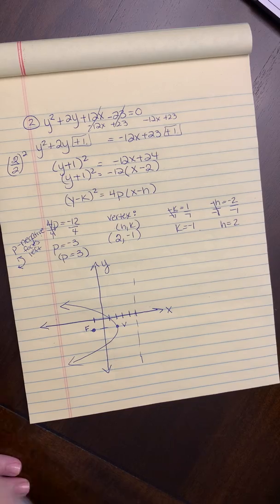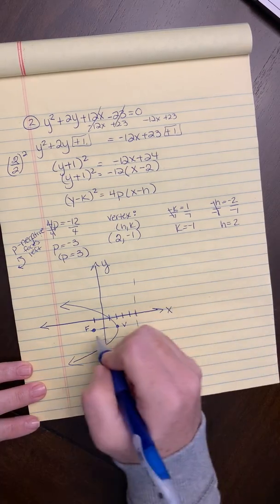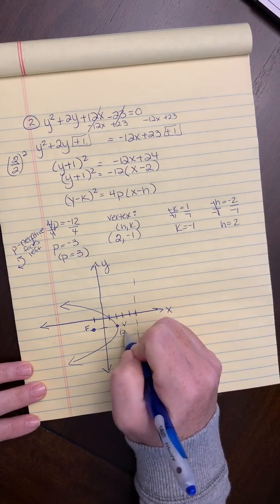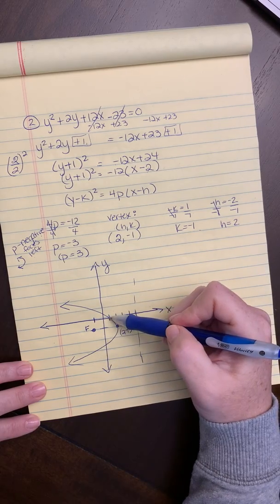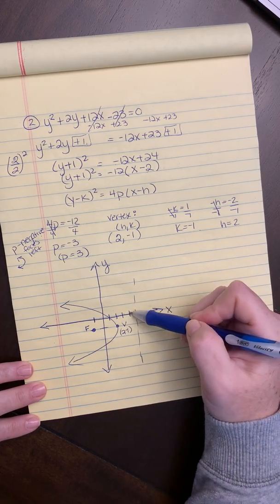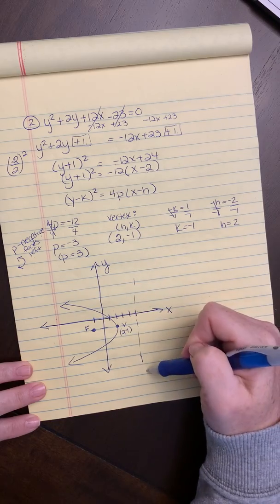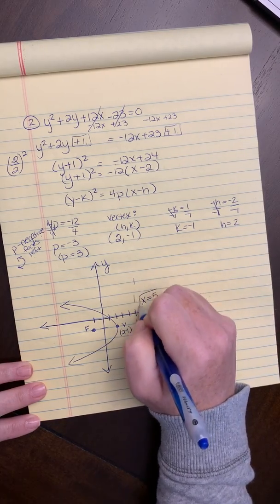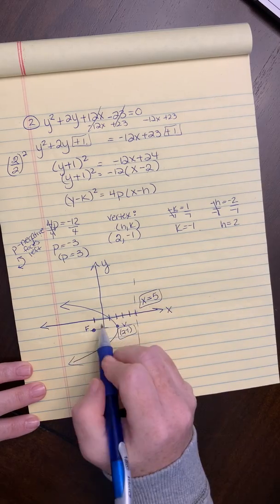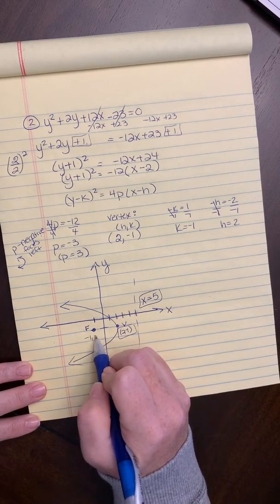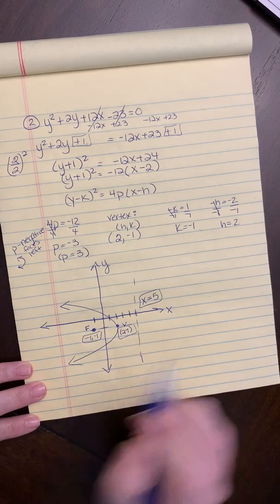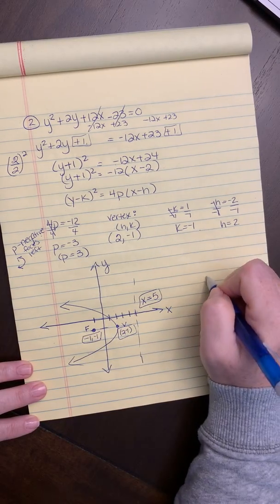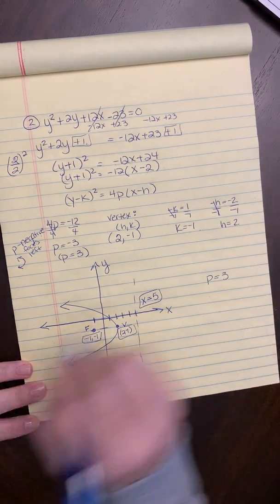Okay, so now let's find out what these are. Here was my vertex at 2, negative 1. So 1, 2, 3, 4, 5. It crosses the x-axis, so it's an x equals. And our focus is over here at negative 1, negative 1. So there's our crucial information. p equals 3.